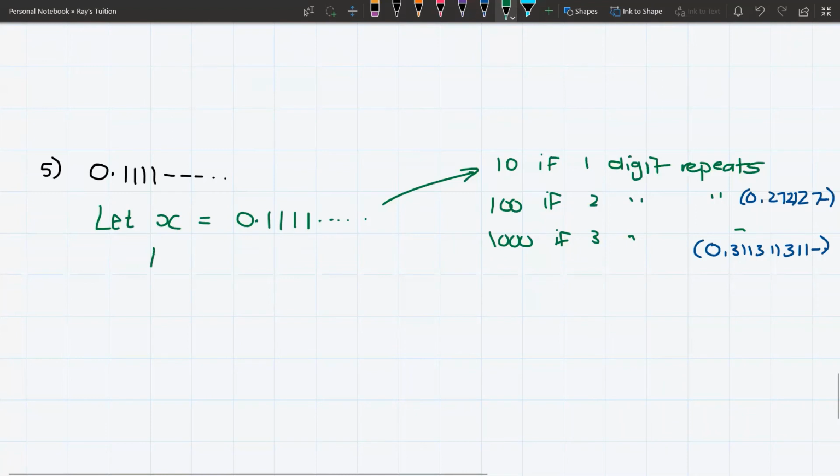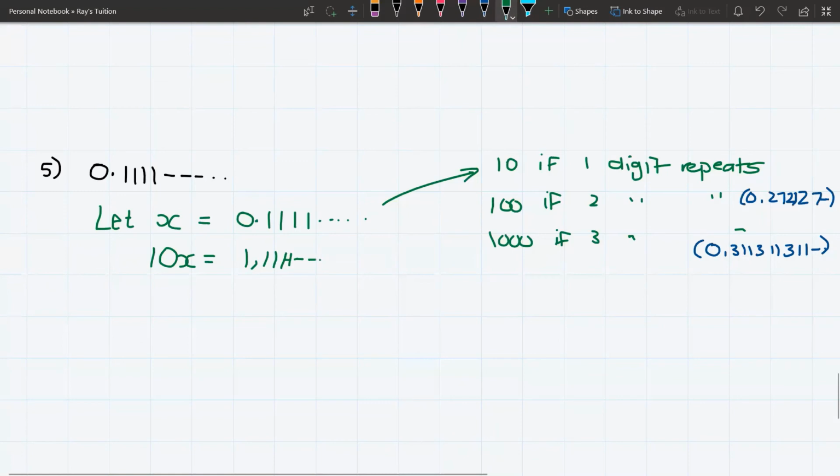So I'm going to multiply it by 10. So 10x is equal to, and by multiplying by 10, we move the decimal place once. If we multiplied it by 100, we'd move the decimal place twice, and 1,000 three times, but we multiplied by 10, so we move it once. Then what we're going to do is say 10x minus x.